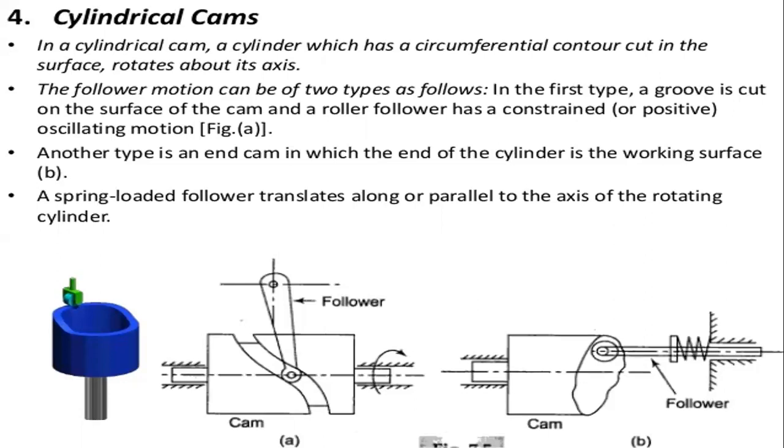The follower motion is along the circumferential contour cut, and it is used on a surface which rotates about its axis.